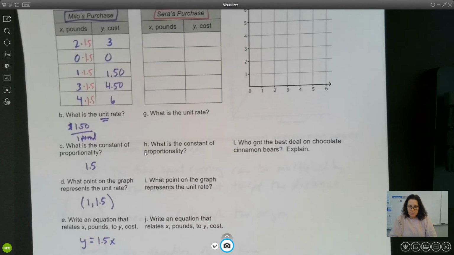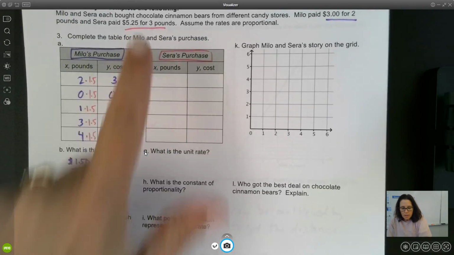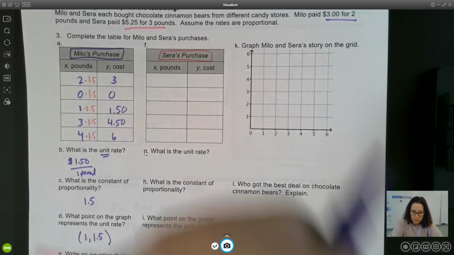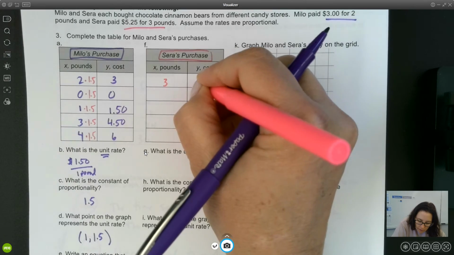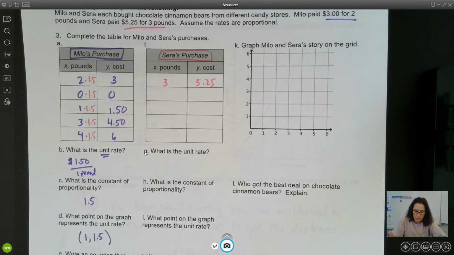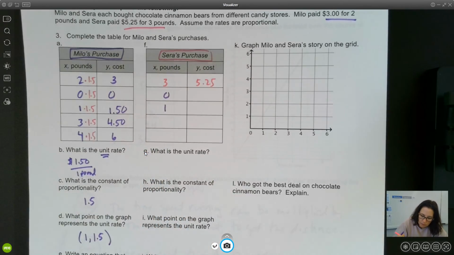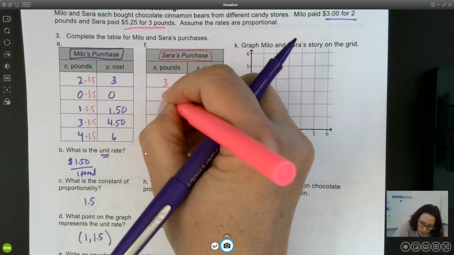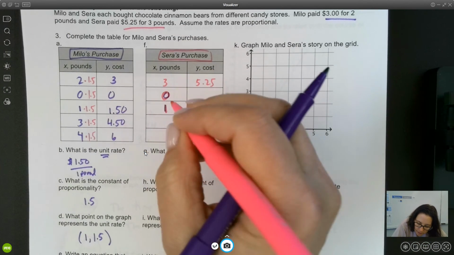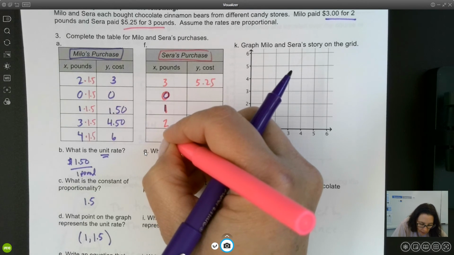All right, let's get Sarah's information. Sarah was 3 pounds for $5.25. Okay, I'm going to do 0, 1. Oops, I'm doing pink. Sorry, guys. 0, 1, 2, and 4.